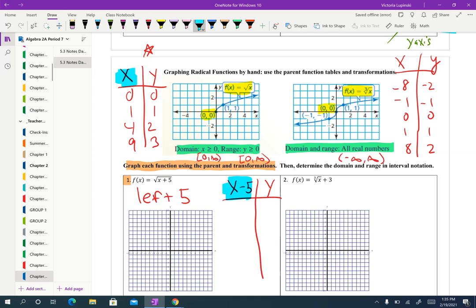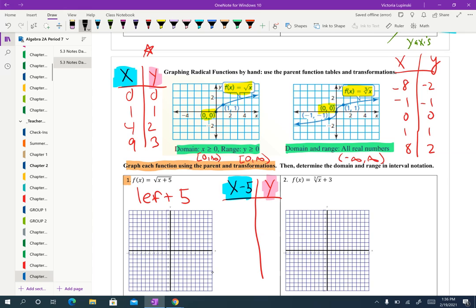Notice that because there are no other changes, whatever this y value is, the entire y value table is going to stay exactly the same. So in order to figure out where the new points of the parent function are going to be, you're going to take every x value from the original table, and you are going to literally subtract 5.